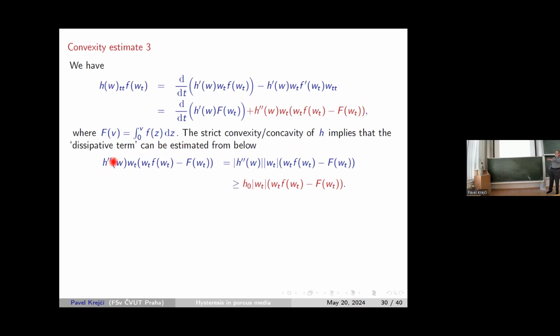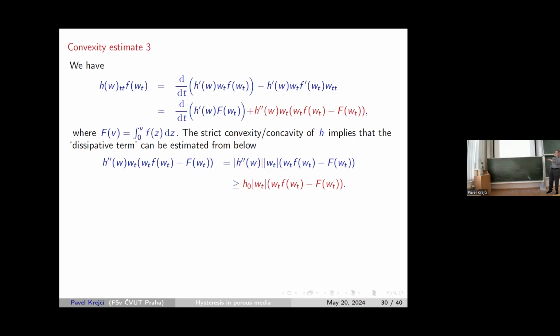Now, this is the so-called dissipation. But look, h is convex and w_t is positive, so h double prime is positive and w_t is positive. h double prime is negative and w_t is negative. This is the convexity of the operator. So I can replace the product by the product of the absolute values, and I can estimate the second derivative of h from below by a constant.